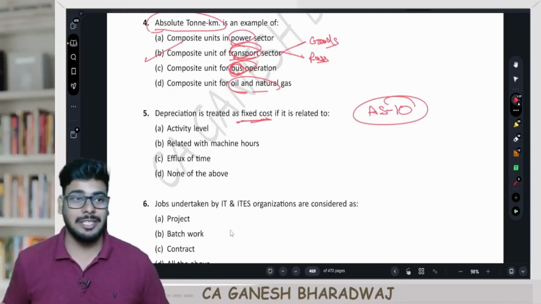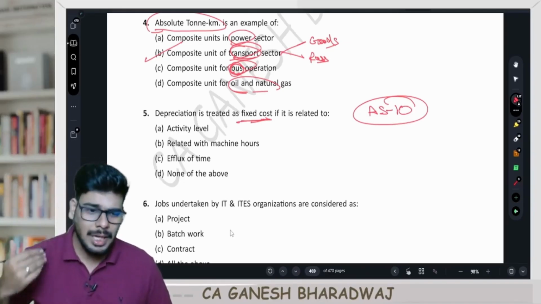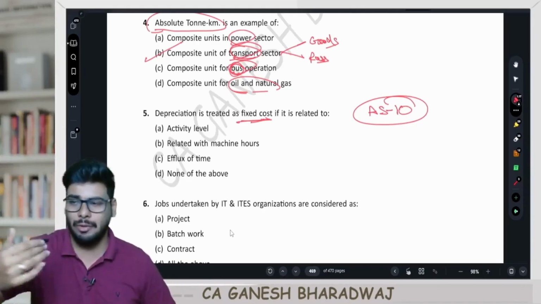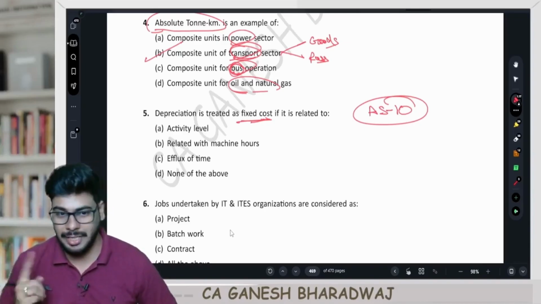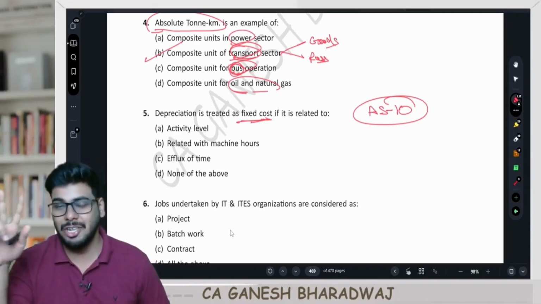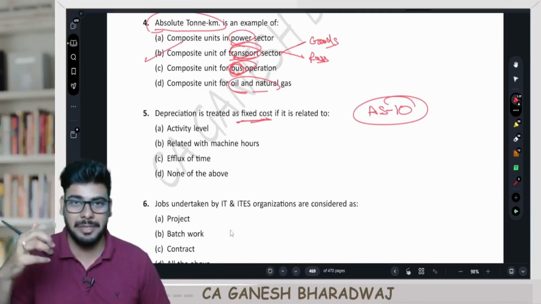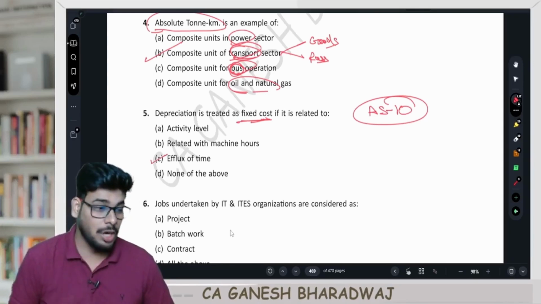You might have a question, sir, I incur more depreciation only if the production increases, more wear and tear means more depreciation. But I told you, depreciation is not just a provision for wear and tear, it is also a provision for efflux of time. You remember that efflux means what? Passage of time, right? So that is what they have asked here.